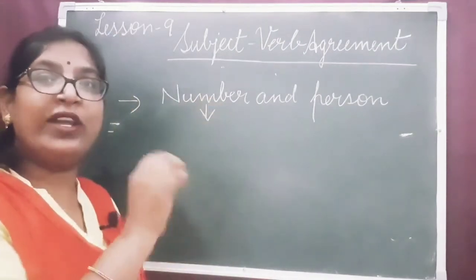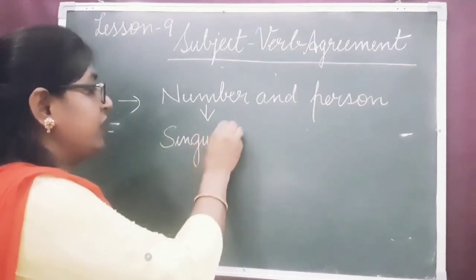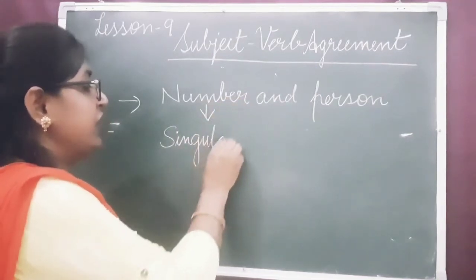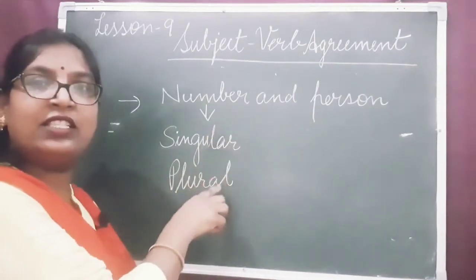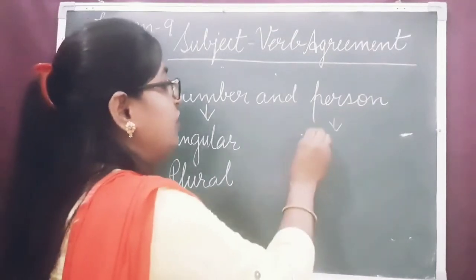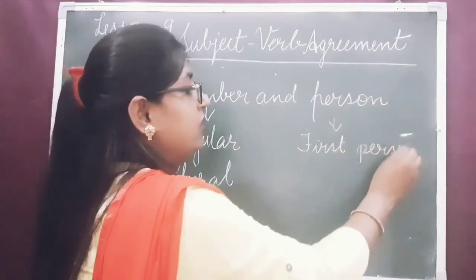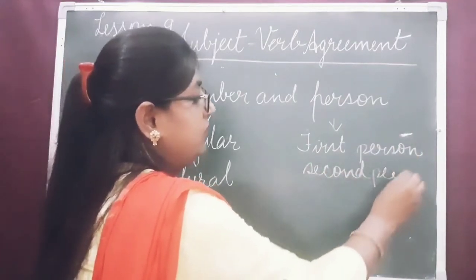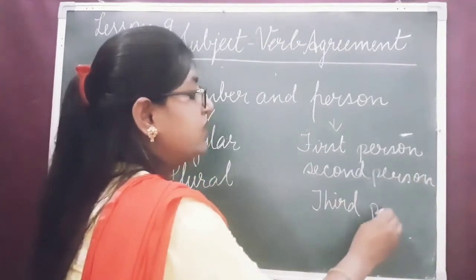Number means whether the subject is in singular or plural form. And person means first person, second person, or the third person.